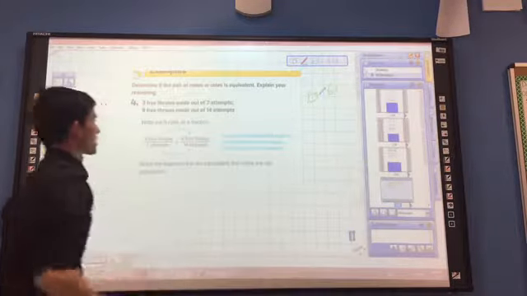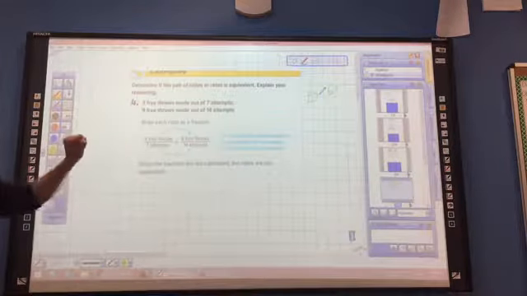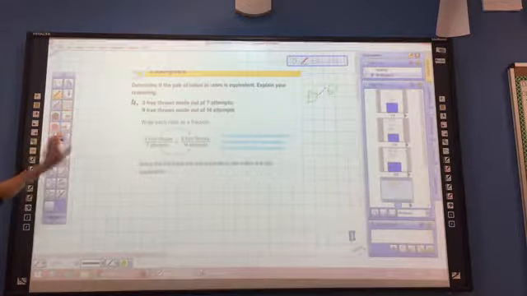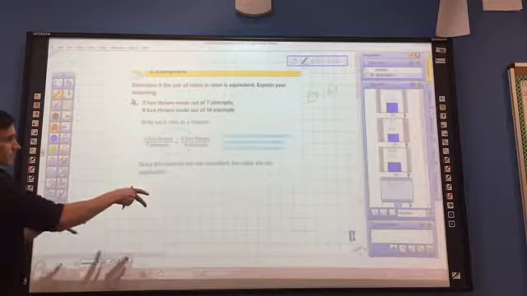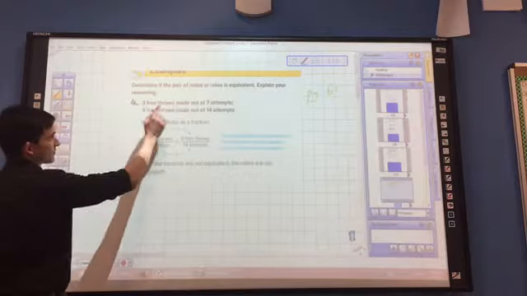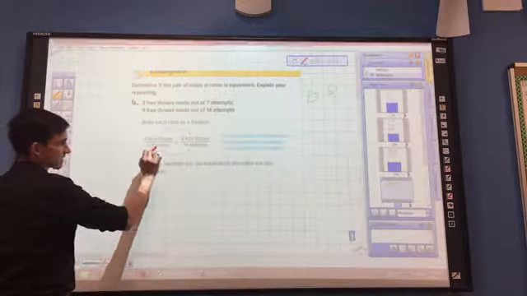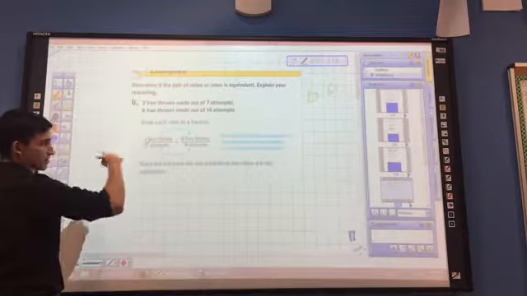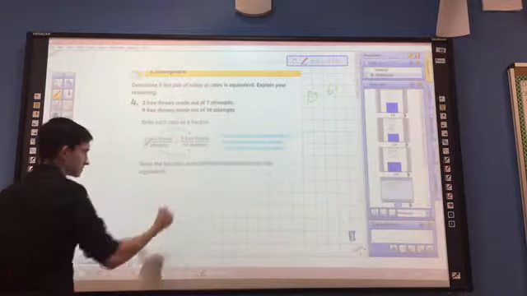Okay. So the other way of seeing if two ratios or rates are equivalent is to write them next to each other. Like 3 free throws made out of 7 attempts, and the other rate is 9 free throws out of 14.